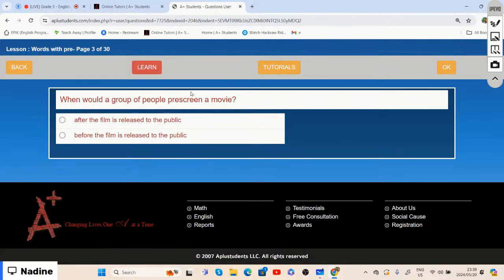When would a group of people pre-screen a movie? Pre-screen. Remember, screening a movie is when the movie is ready to be released. We are about to watch this movie. It is coming out today. Bridgerton is about to play now. But when would they pre-screen a movie or series?